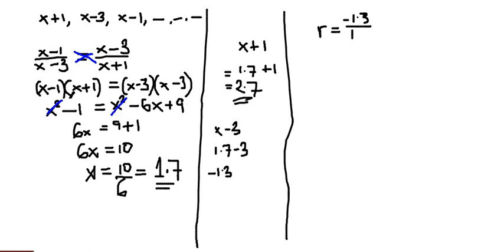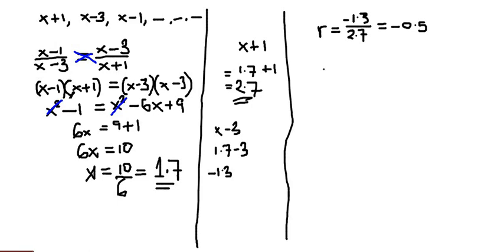The first term is 2.7. Which will give us negative 0.5.